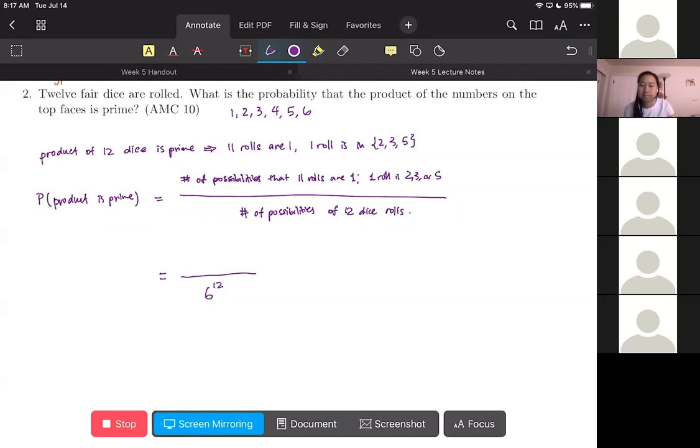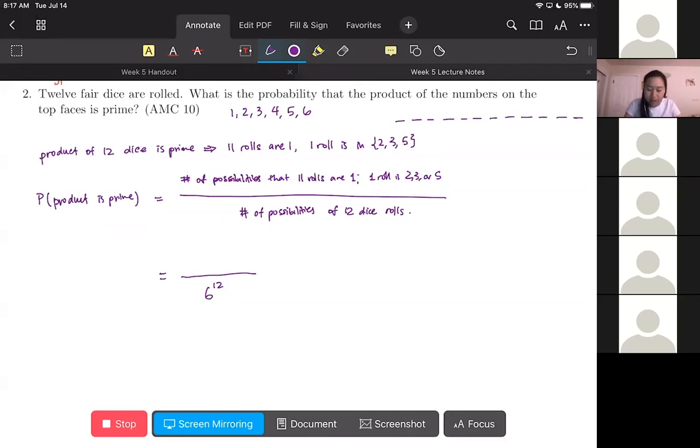Okay. So if the order matters, we can think of it as we have 12 dice, like 1, 2, 3, 4, 5, 6, 7, 8, 9, 10, 11, 12, right? The order matters.